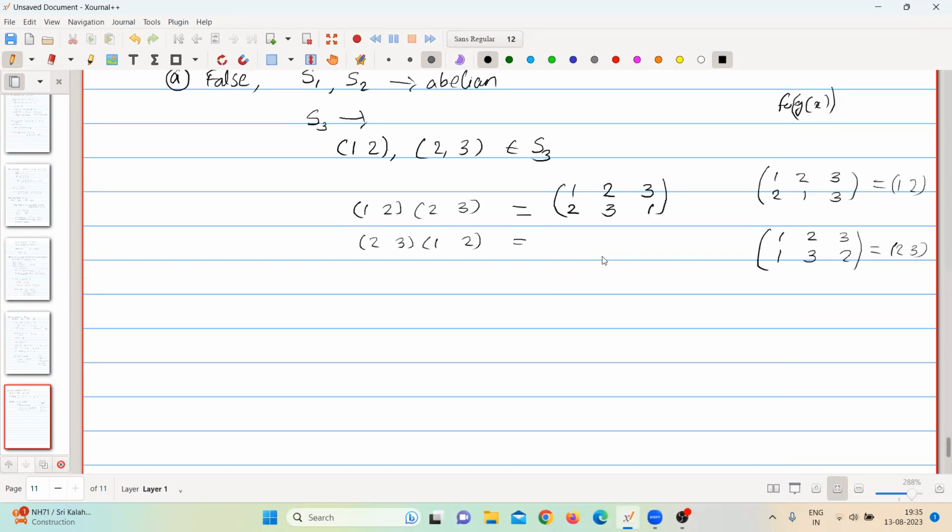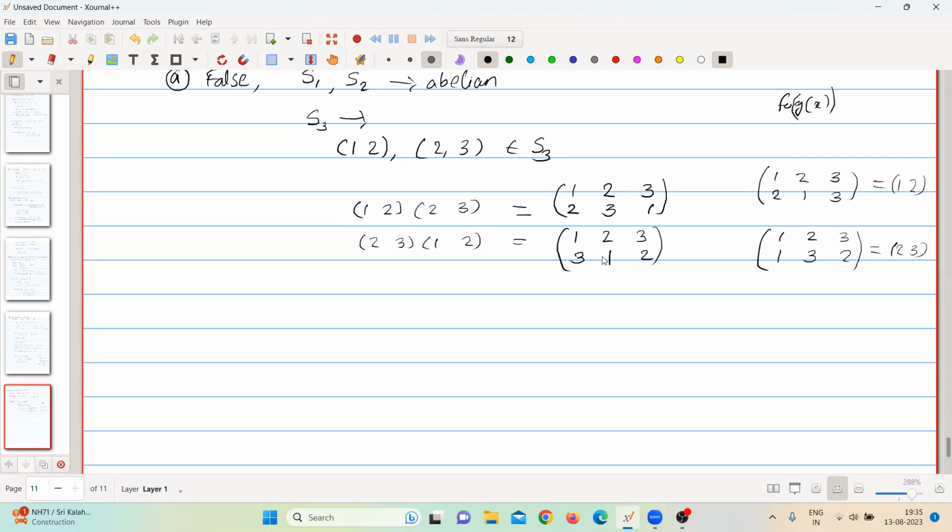Now if we are applying (2 3)(1 2), first we apply (1 2). So 1 goes to 2 and 2 goes to 3, so 1 goes to 3. 2 goes to 1 and 1 goes to 1, so 2 goes to 1. 3 goes to 3 and 3 goes to 2, so 3 goes to 2. Obviously these two are different. Here the image of 1 is 2, here the image of 1 is 3.